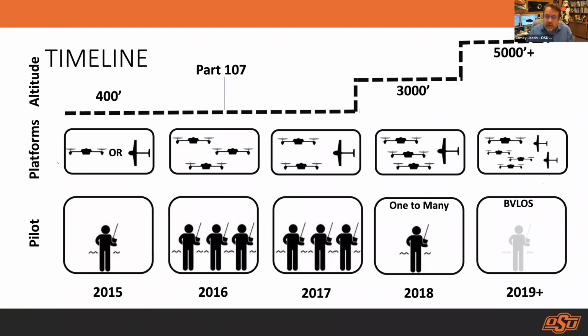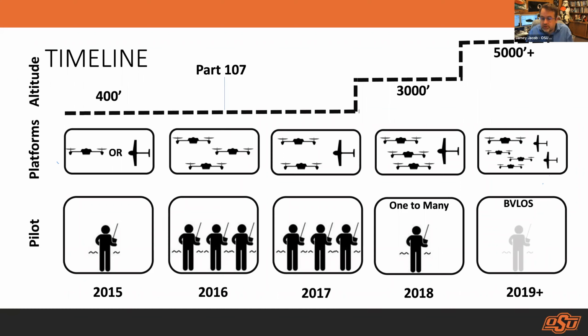And over time, the FAA started to open up those airspace rules to allow you to get what are called waivers to the general Part 107 rules, which basically say you can only fly under 400 feet under visual flight rules in one aircraft. And now you can fly at higher altitudes, operate more than one aircraft, and fly, for example, during the night. Or over people, or operate more than one aircraft. So over time, the FAA has started to open up the airspace to allow a greater use of drones in different operations.